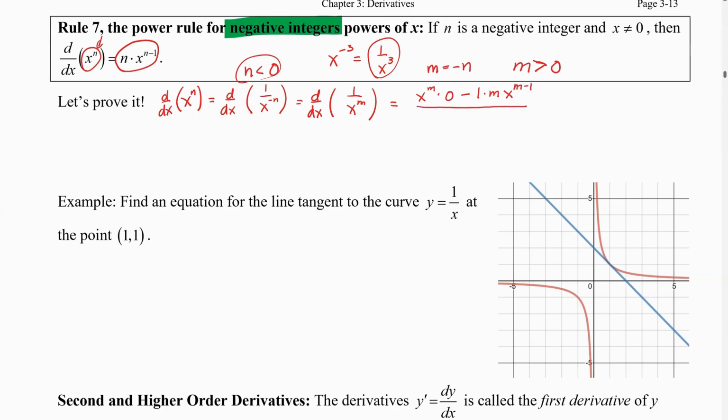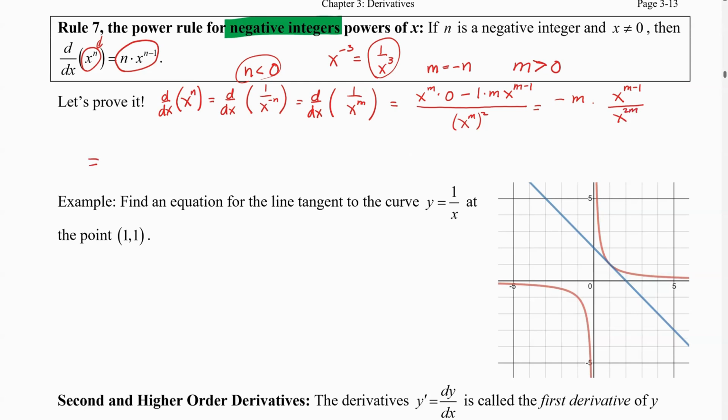And then this is all over the bottom squared. There's me doing the quotient rule. And what do we see when I clean this up? Negative m, and I've got an x to the m minus 1 on top and then x to the 2m on the bottom.